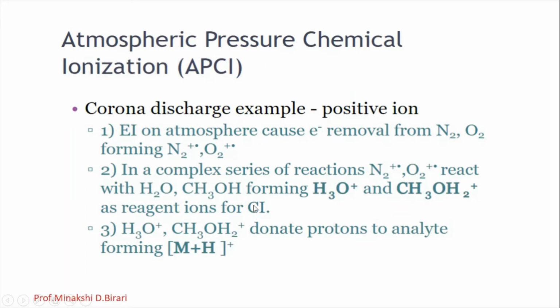So it is also similar to chemical ionization, and the H3O+ and CH3OH2+ donate protons to the analyte, and it forms ions like MH+ ions, which are called quasi-molecular ions. So the corona discharge electrode will ionize solvent vapor molecules just like the production of primary ions in chemical ionization.